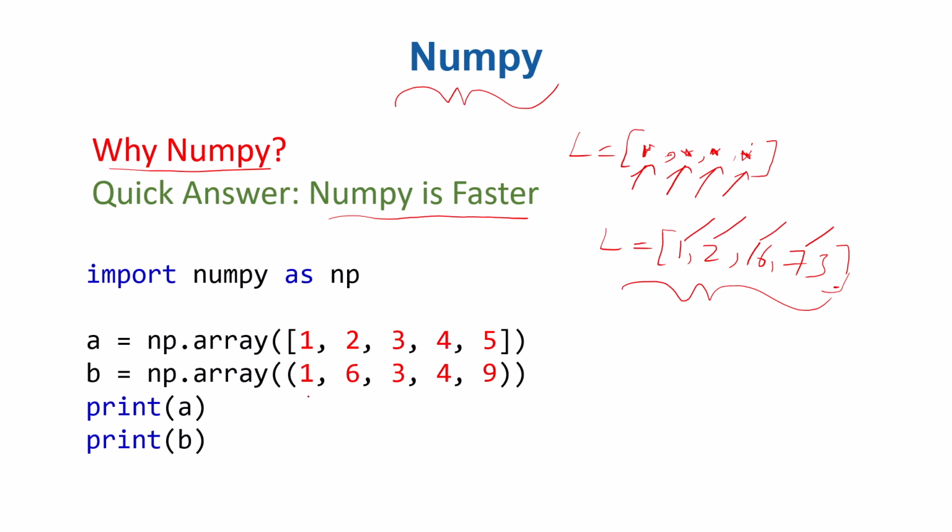Although you can have a NumPy array with string data types, or general objects as well, the power of a NumPy array becomes much more evident when we work on numeric type data. So in this particular course, we will focus more on numeric data than other kinds of data.